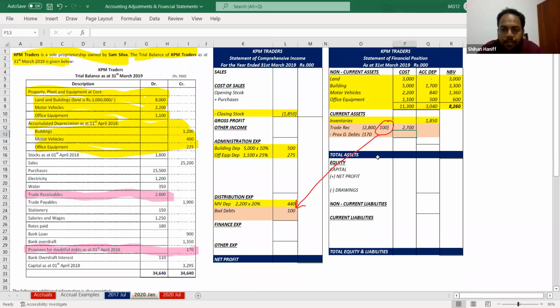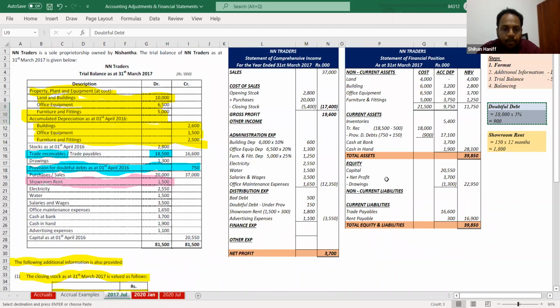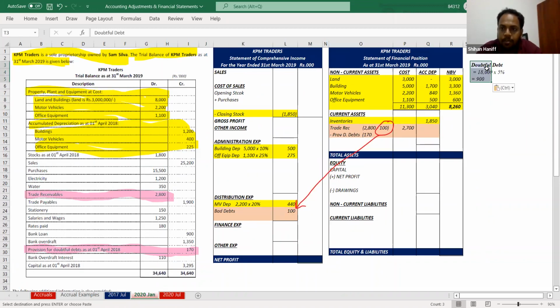From that we need to make a provision of 10% as doubtful debts. 2,700 into 10% is 270.